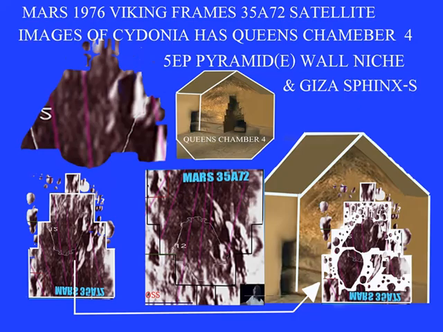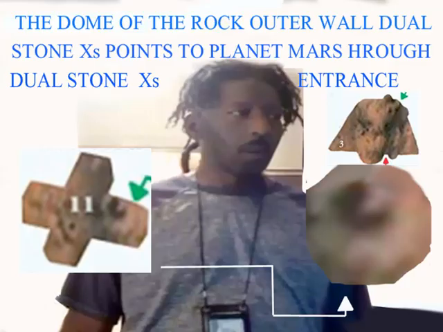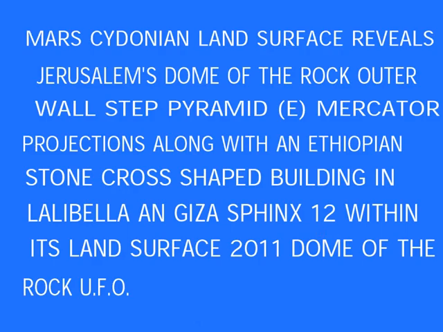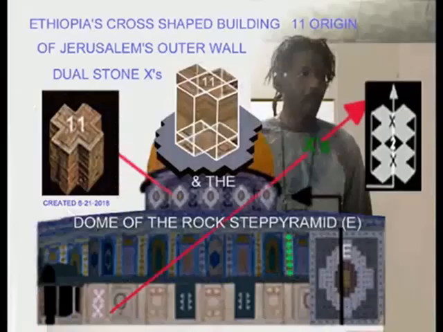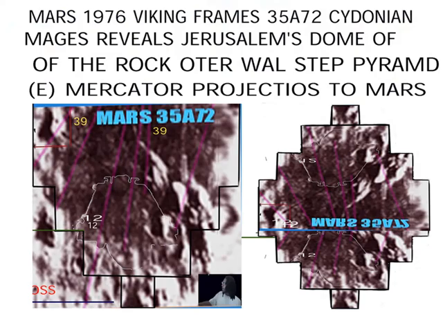Now, Mars Sidonian land surface, when you view it, the whole entire land surface, from above, you'll see a stele pyramid E Mercator projection grid surrounding the 5 Sidonian pyramids and pentagon. Within this stele pyramid E Mercator projected land surface grid, we see a huge Giza Sphinx face 12, and then we see a 2011 Dome of the Rock land surface image.